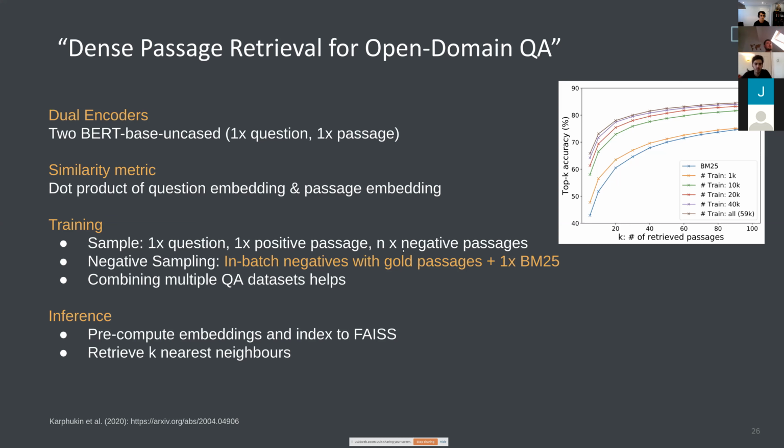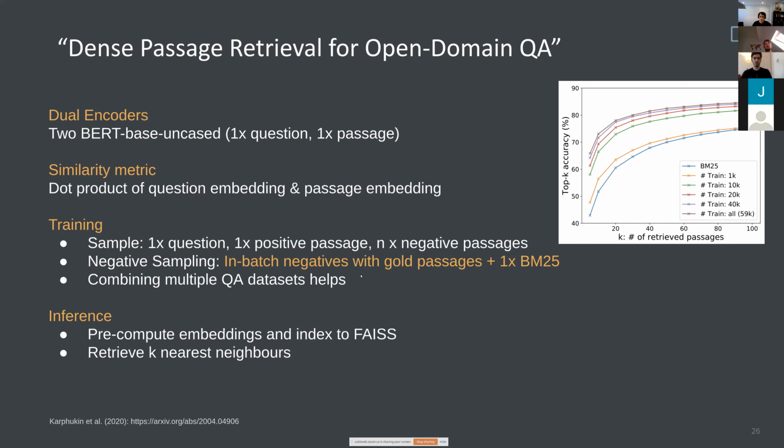First, they try random sampling, which I think is the most obvious one. But in the end, they have a method called in-batch negatives with gold passages. These gold passages are other passages that actually include answers, but to different questions.